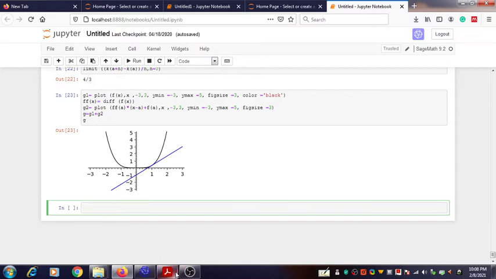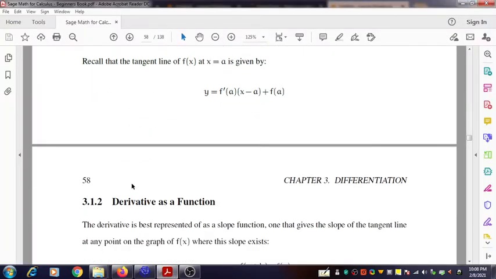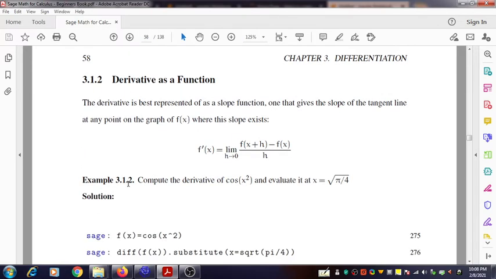Okay, now what next? We are now moving to another area where our discussion is much simpler than the previous discussions. Here you can see the formula for finding the derivative of a given function.